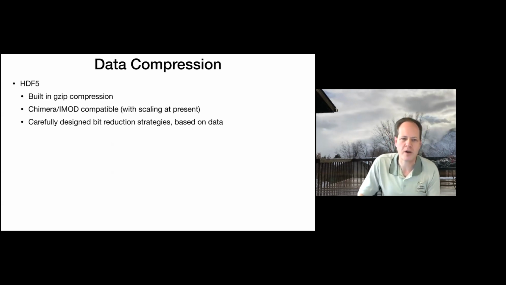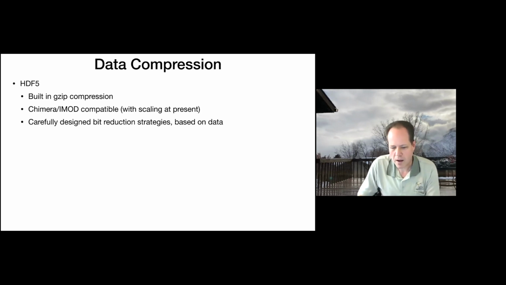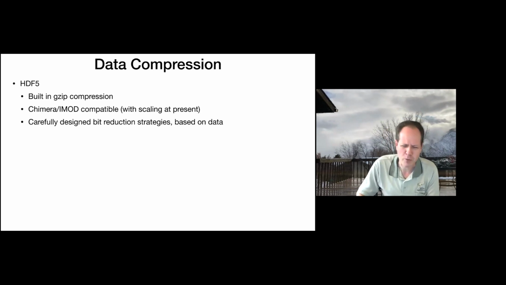So the approach we're using: we use HDF5 as the native file format for EMAN2. HDF5 actually natively supports lossless compression, just using the standard gzip algorithm. Now, if you read the Mrcz paper, they say there's this terrific algorithm that we found in the literature, and there aren't really any good public implementations for it, and we don't think that it's got any intellectual property issues.